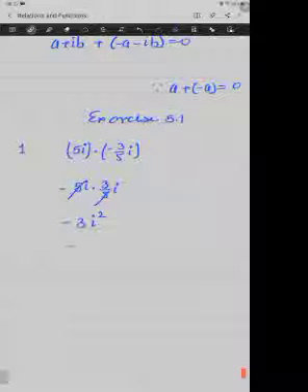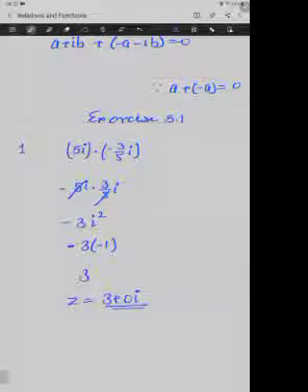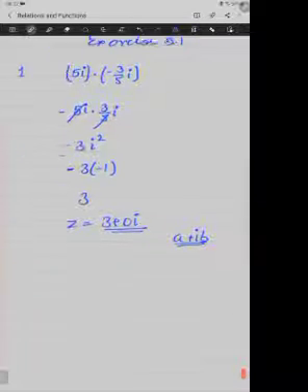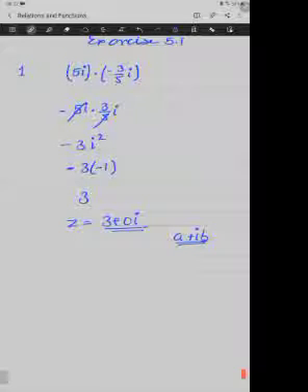So it will be minus 3 into minus 1, which is 3. Now the complex number z is equal to 3 plus 0i. This is the answer, because we must always give the answer in the form of a plus ib.